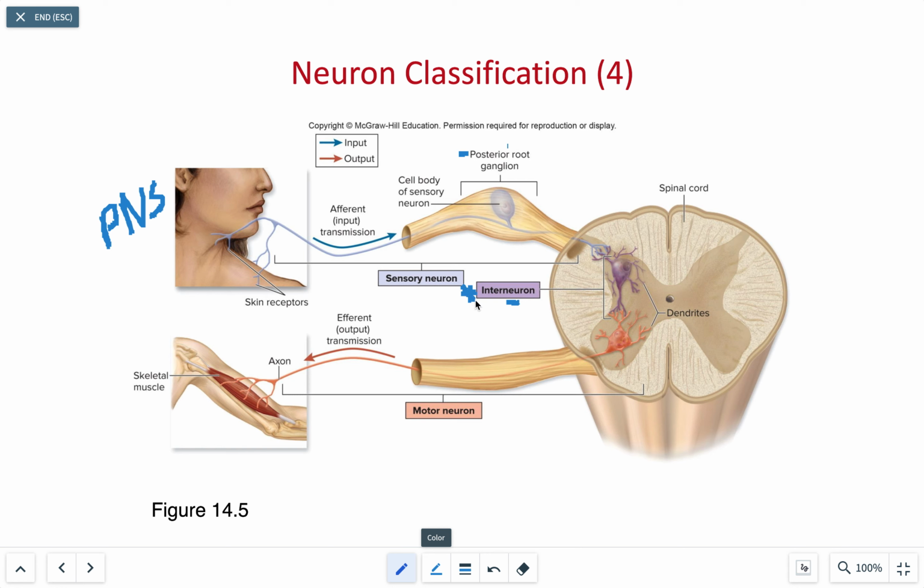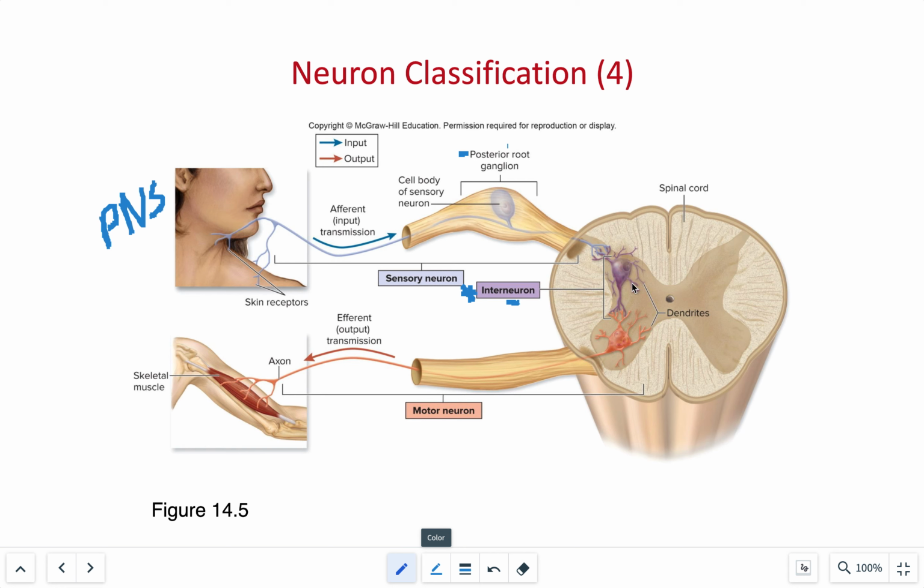Their job is to interconnect the peripheral nervous system with the central nervous system. So the sensory information is coming in. The dendrites are connecting to the dendrites of the interneuron. And we see these interneurons located in the brain, and of course in this picture in the spinal cord, and they're considered to be a multipolar structure.